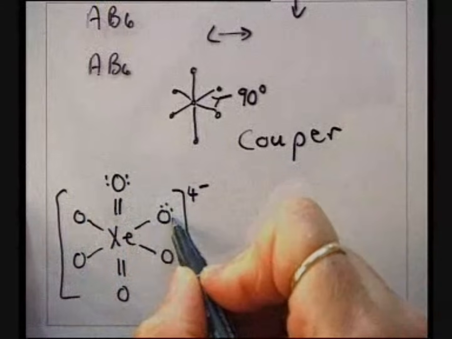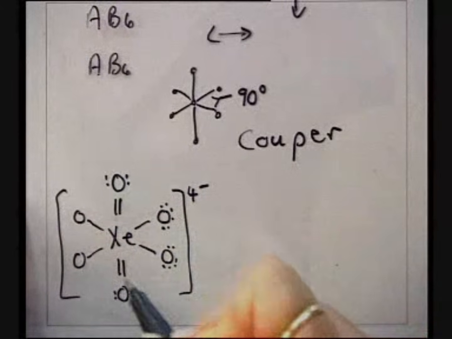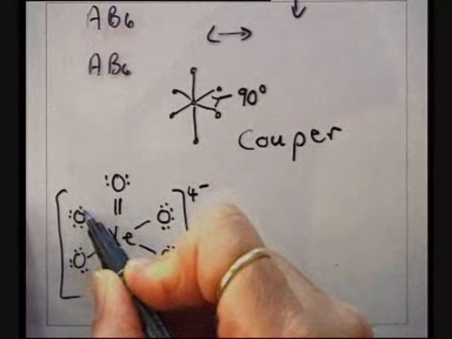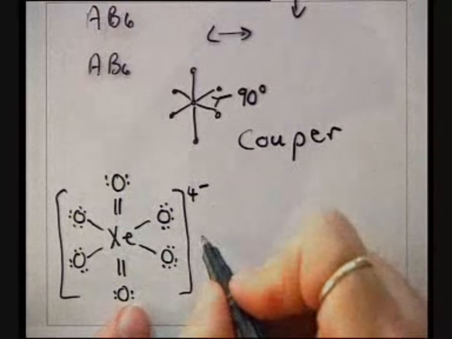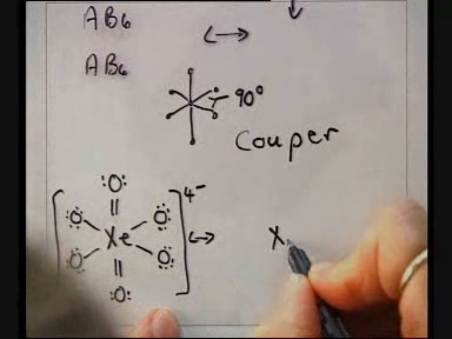Although we introduce the lone pairs on the terminal atoms, realizing that the lone pairs will not influence molecular geometry. Only lone pairs on the central atom will influence molecular geometry. We must indicate, though, that we can write several resonance structures for this molecule.